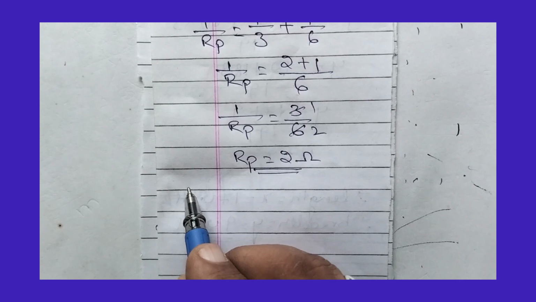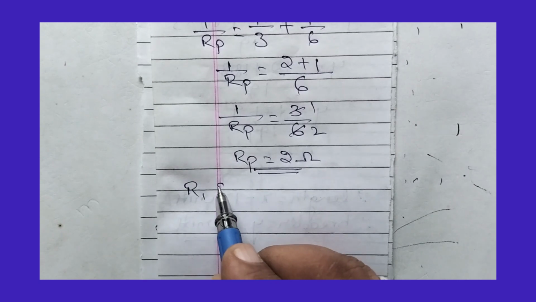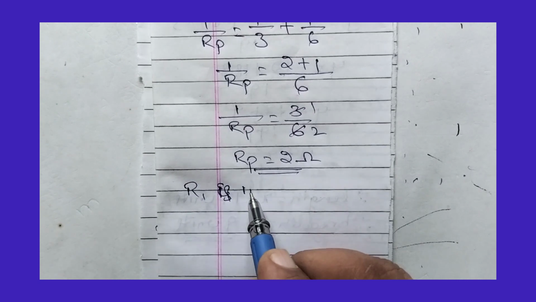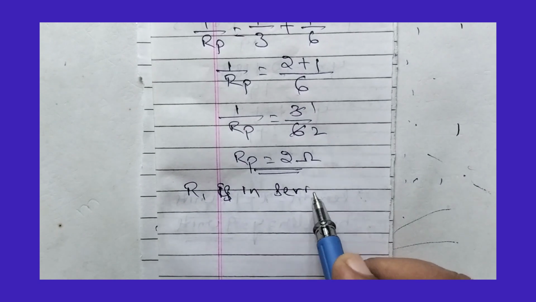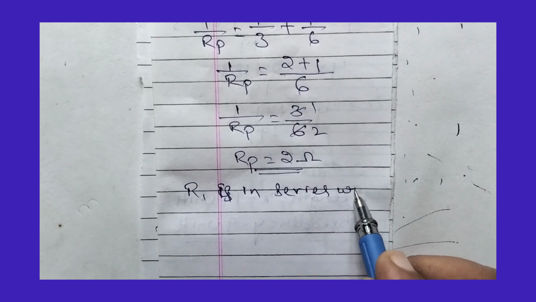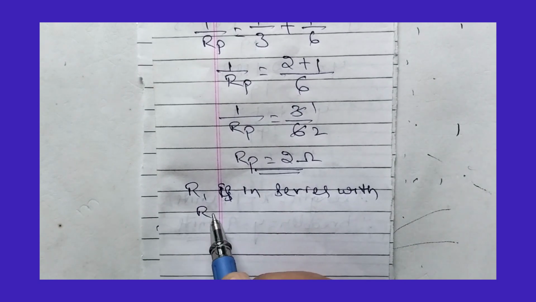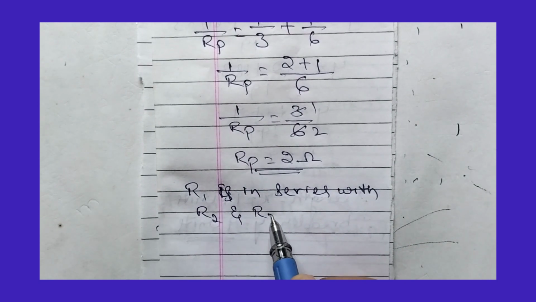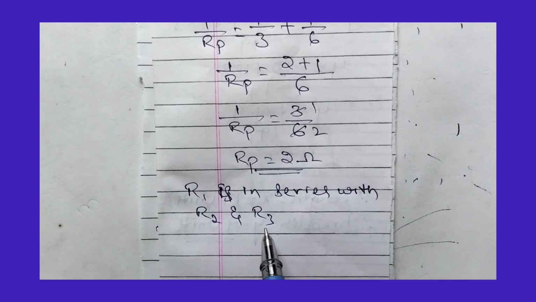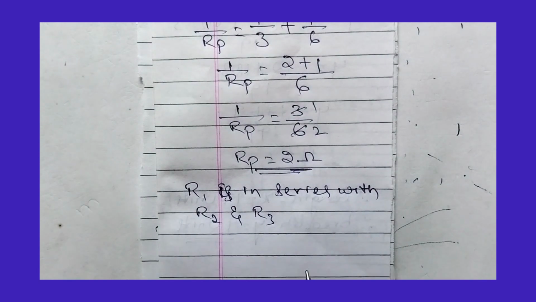Now R1 is in series with R2 and R3. Already we know the total resistance of R2 and R3 is 2 ohm.